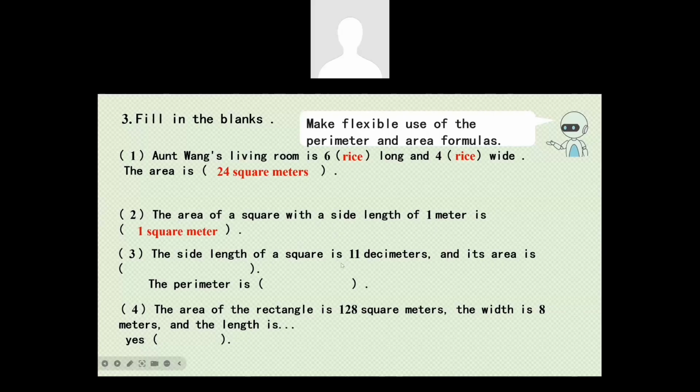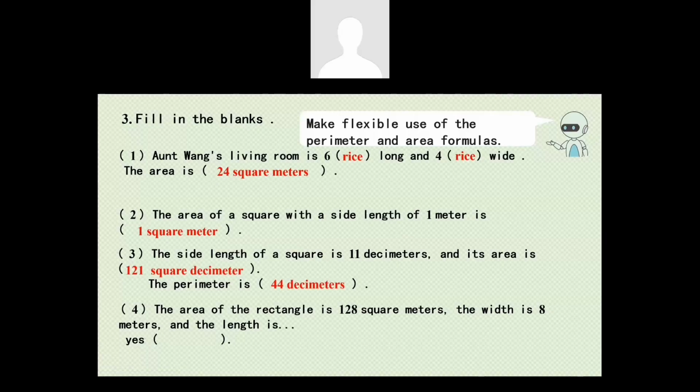And the next question: the side length of the square is 11 decimeters and its area is 121 square decimeters. The perimeter is 44 decimeters.